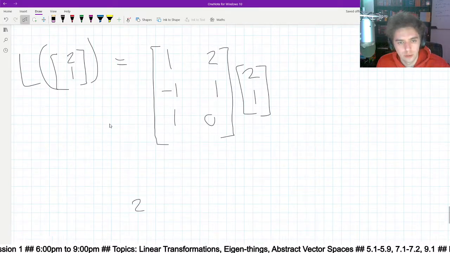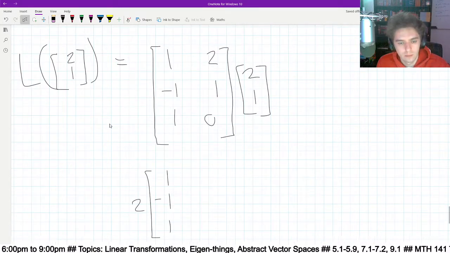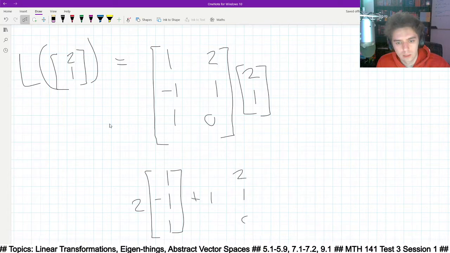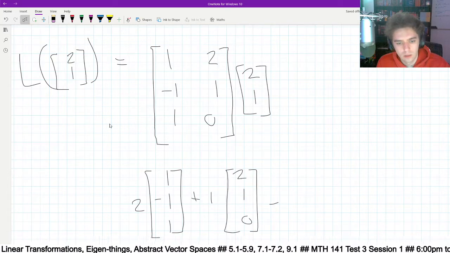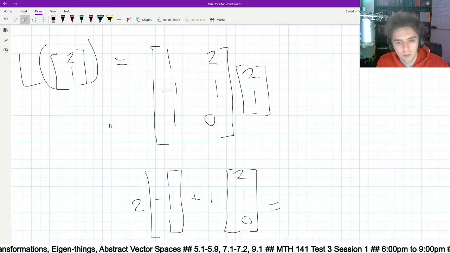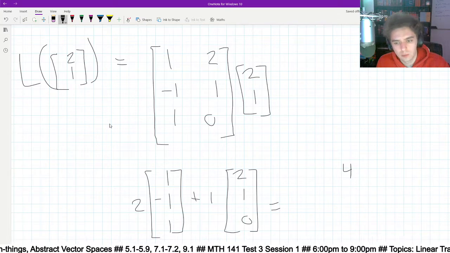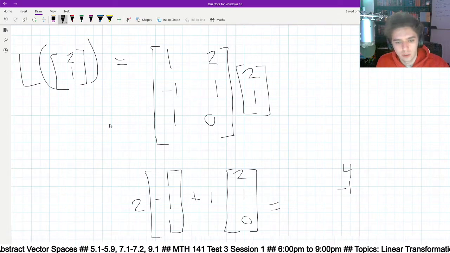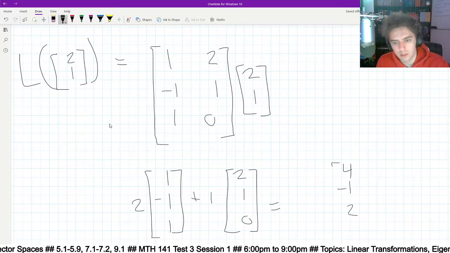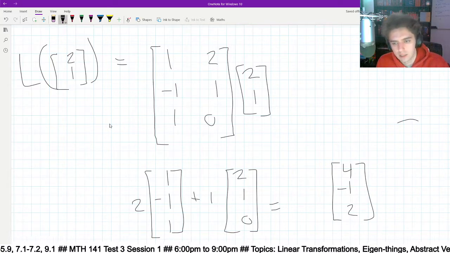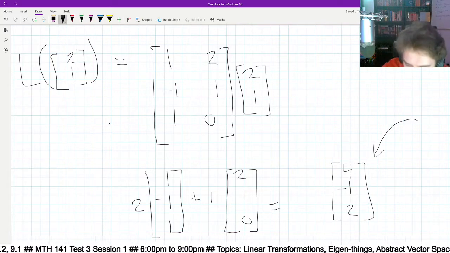Which is just 2 times (1, negative 1, 1) plus 1 times (2, 1, 0). So that's 2 plus 2 is 4. Negative 2 plus 1 is negative 1. 2 plus 0 is 2. So that's where the vector would go. If I inputted this vector, I would get this vector as the output.